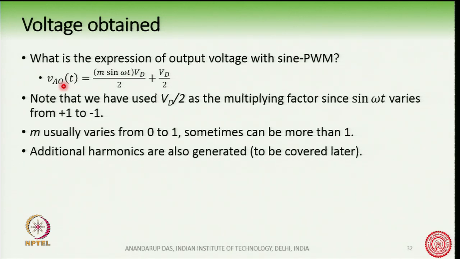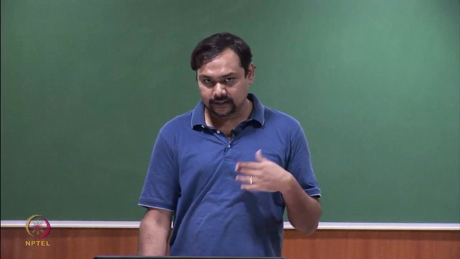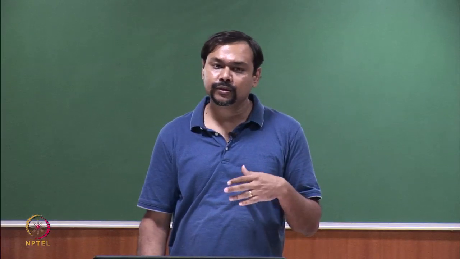Now, if we see here the AC component of the voltage, we find that it is proportional to m. Now, m is called the modulation index. m can vary, usually from 0 to 1, and under some circumstances it can go beyond 1.